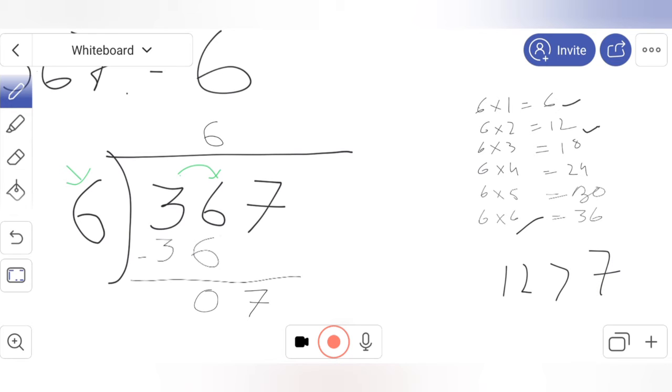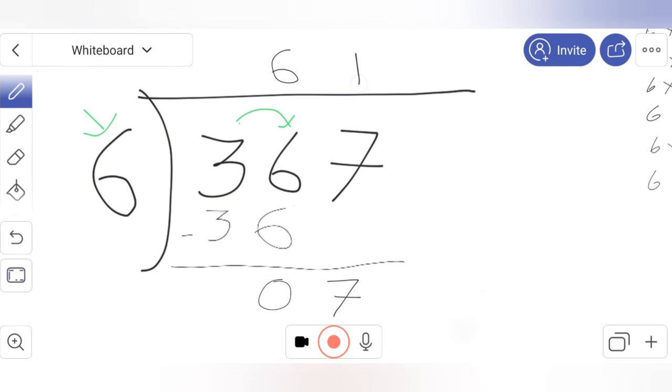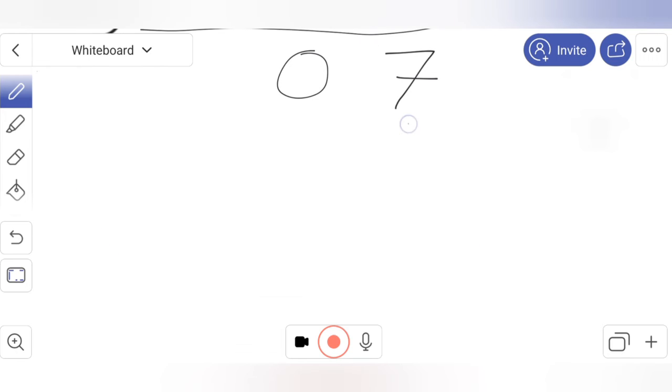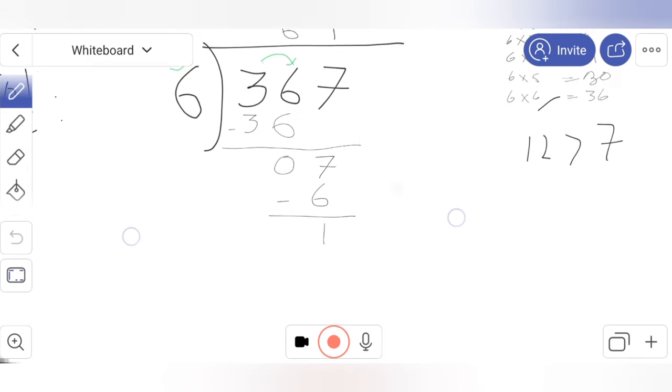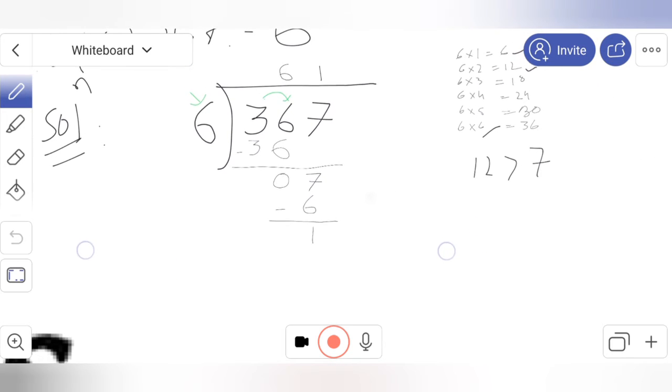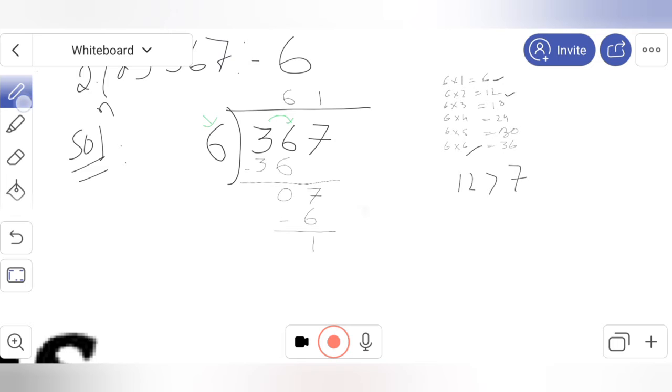We can write the lesser one. So the lesser one is 6, so it will be 6 1 is 6. Then after that you have to subtract. So 7 minus 6 will be how much? 1.